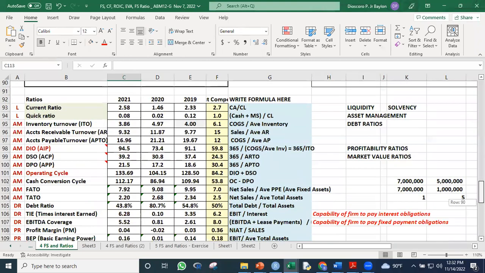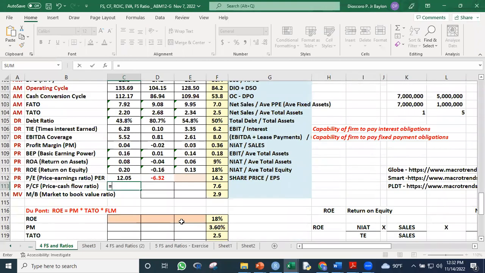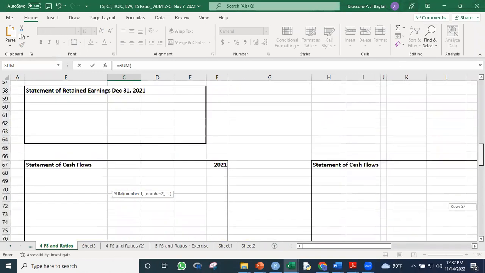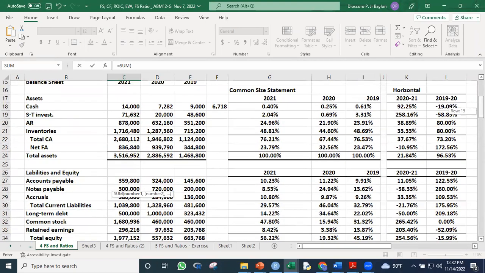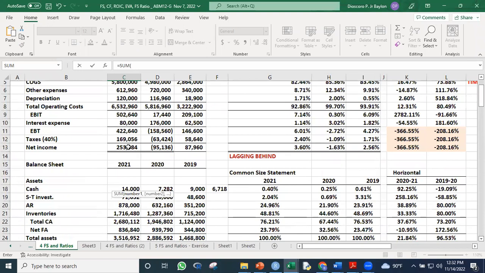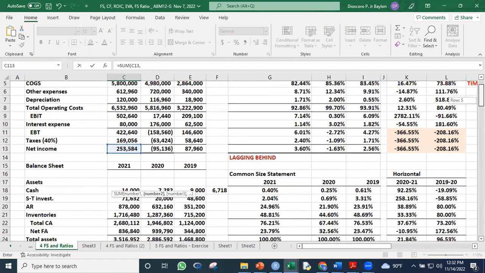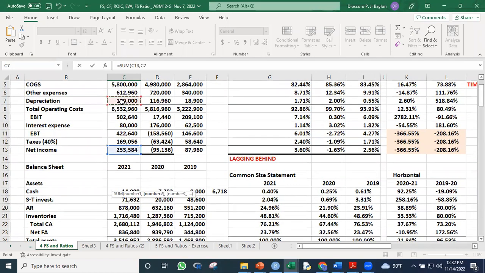Anyway, we can compute that. Our net cash flow is the sum of your net income after tax, which is this one, and then add back the depreciation. If you recall, guys, when we were preparing the statement of cash flows, we start with net income after tax and then add back depreciation to get your net cash flow.